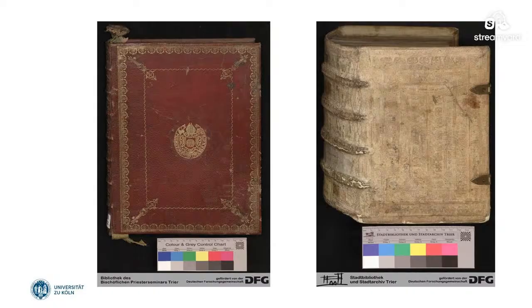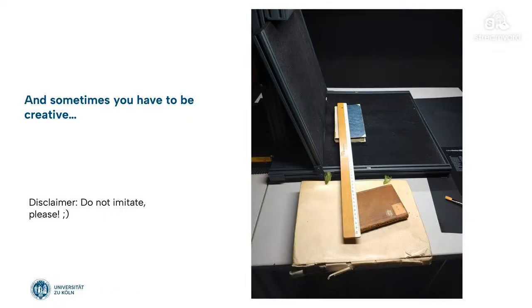But when you have the color checker and the ruler, you can see that actually the right book is relatively tiny and the left book is much larger. So it is so important to have some object of reference, and ideally a ruler, so you can reconstruct the original measures of the original book when you study the object or look at it, because it might otherwise give a completely wrong impression. And sometimes you have to be creative to get the right measures of the book.